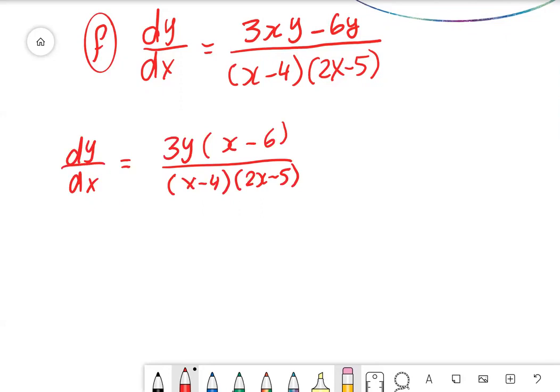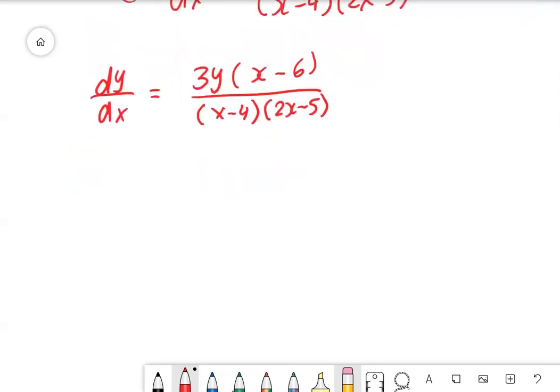So mostly on the right is the x's, but it has a 3y in it. So I will divide by 3y both sides to get rid of the 3y from the right, and I will multiply by dx for both sides as well. So I will have dy over 3y. Do you want me to move the dx now? Yes.